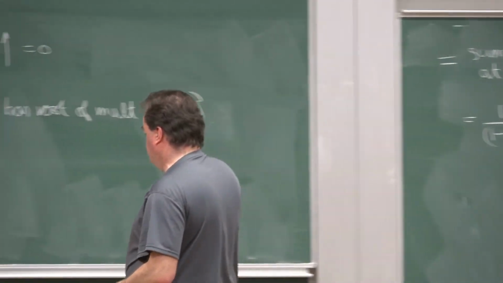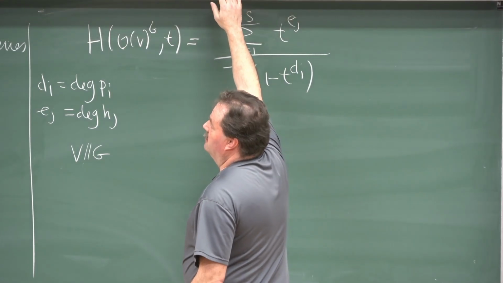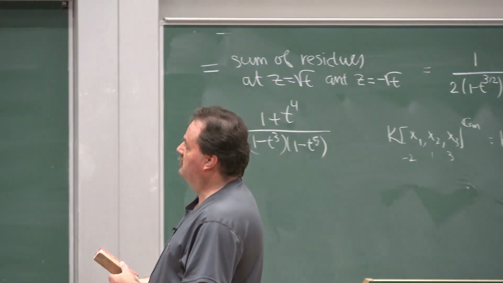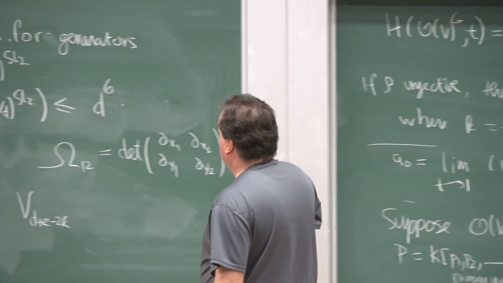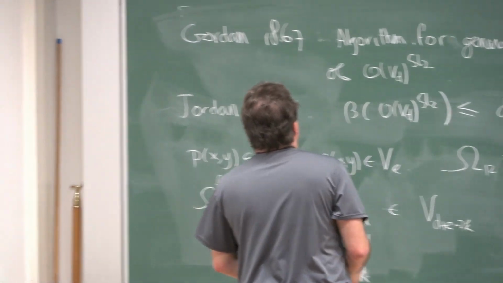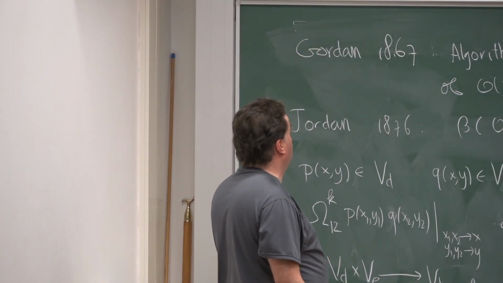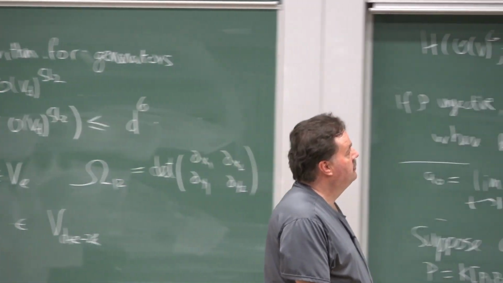I don't have much time left, so I probably won't say anything about non-reductive groups. But maybe I'll just end with a general bound. We've seen in some cases we have nice degree bounds. For finite groups we have nice bounds. For SL2 we have a nice bound here.